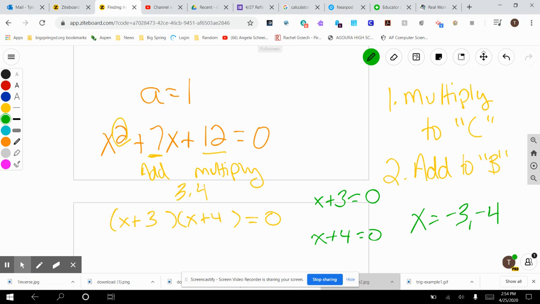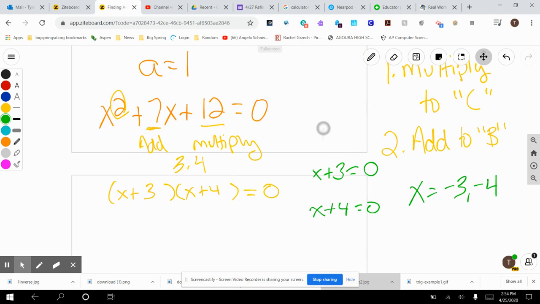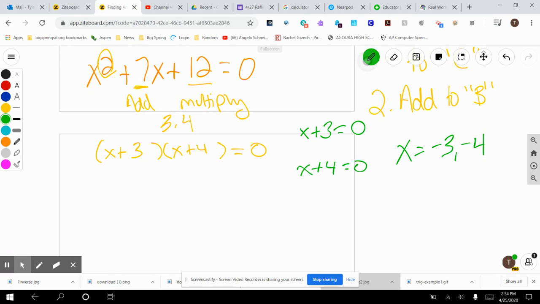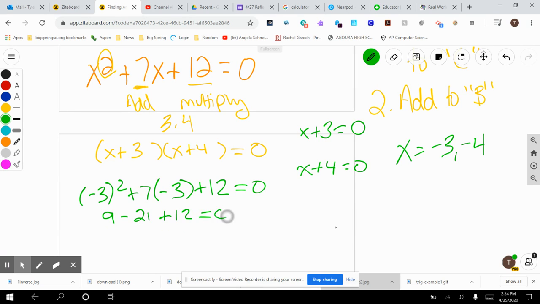Now, if we go back and check this, so now I'm plugging things in, and let me scroll down a little bit to get a little more room here. If I do negative 3 squared plus 7 times negative 3 plus 12, I'm just checking, does that equal 0? 9 minus 21 plus 12 equals 0.